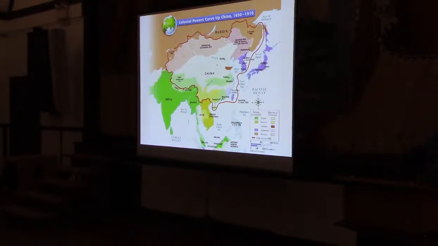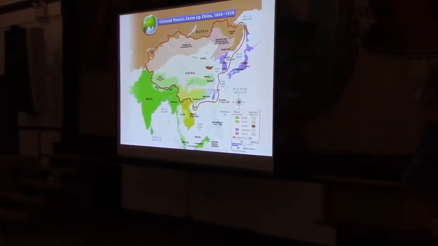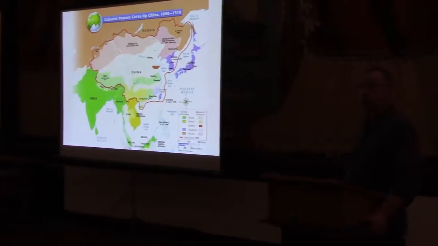So Japanese colonial efforts directed into China, the colonization of Korea. Korea becomes a Japanese colony in 1910, and the projection of Japanese influence into Manchuria, northeastern China, is part of that.